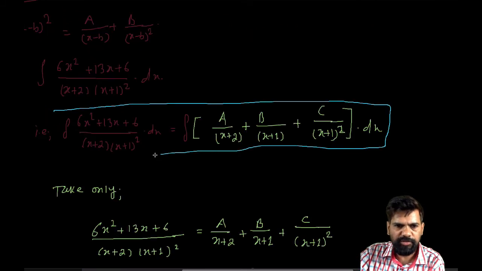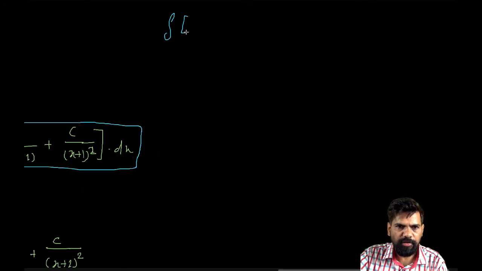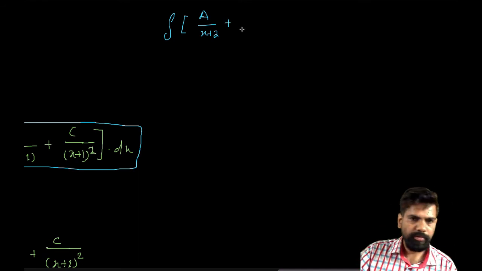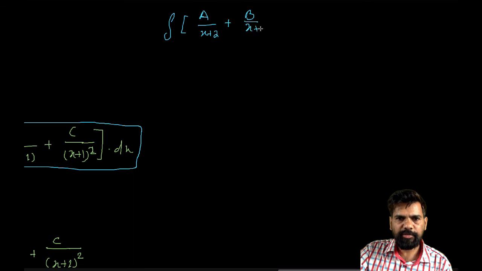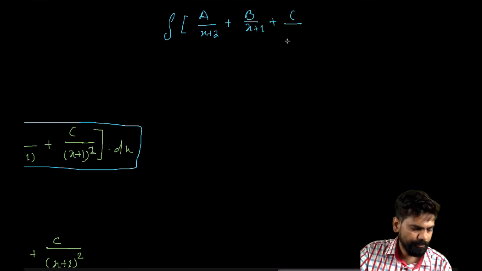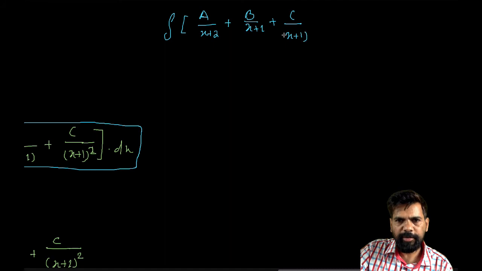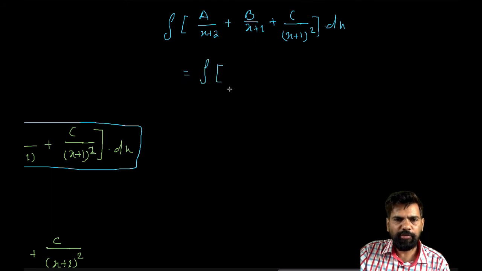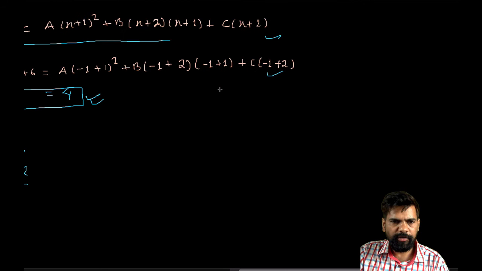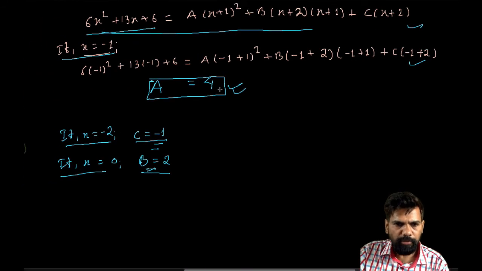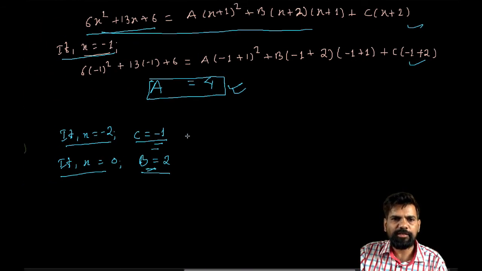By taking these equations, we'll have the integration of A over x plus 2 plus B over x plus 1 plus C over (x plus 1) whole square dx, where the value of A is 4, B is 2 and C is equal to minus 1.